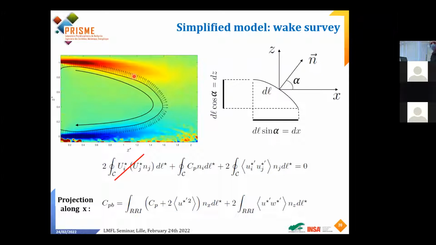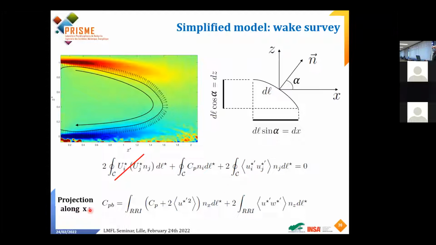So using this and projecting this equation along the x direction, because I want to look at the drag, and the drag appears in the x direction, then this mean term disappears, because u, the only term coming here, is equal to 0 at that interface. Only two terms remain, a pressure term and a turbulent term.